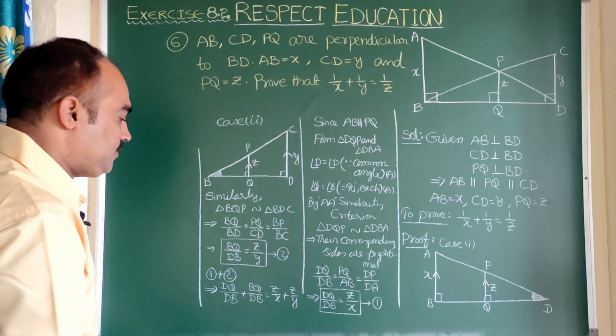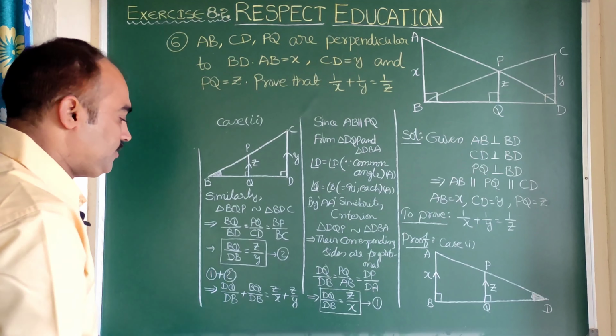So we can consider DB as LCM. Here what comes, DQ plus BQ will come as it is, equal to, so here let us take Z as common. Z times, here what comes, 1 by X plus 1 by Y, right?